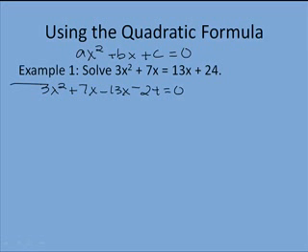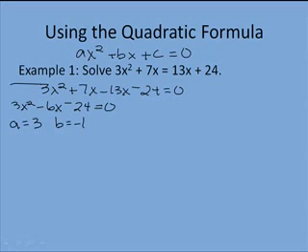Now we have 3x squared minus 6x minus 24. So now we can find our a, b, and c. Our a equals 3, our b equals negative 6, and our c is negative 24.